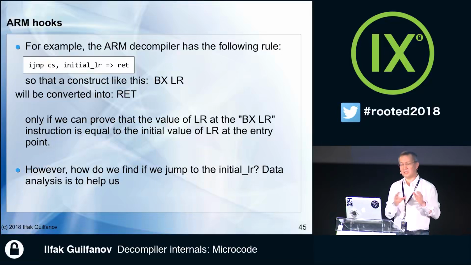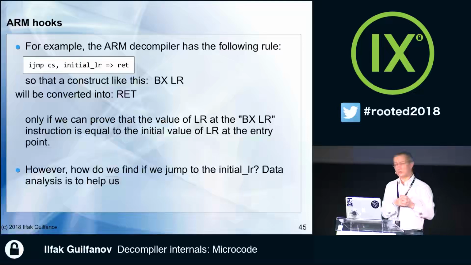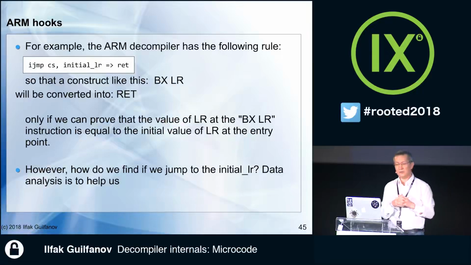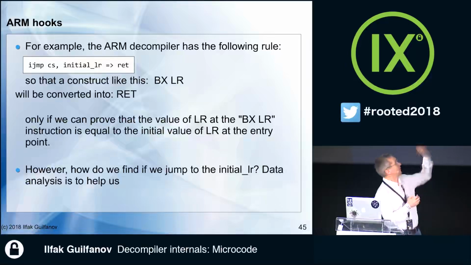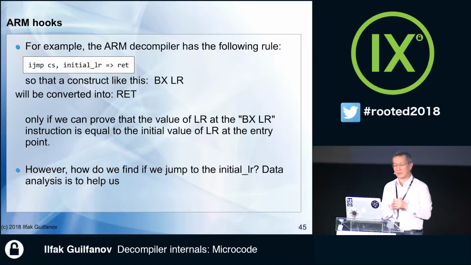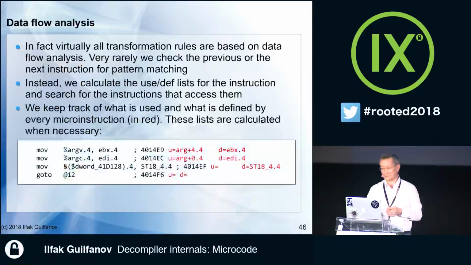And this is something specific to ARM, and therefore the ARM decompiler has a hook that recognizes this indirect jump LR and converts it into a simple return instruction. There is one question here. How do we prove that the LR at the instruction BX is exactly equal to the initial value of LR? For that, we have to perform the data analysis.